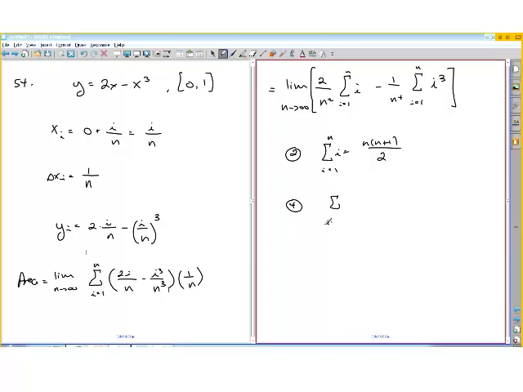And we have equation 4, which says the summation from I equals 1 to n of I cubed is equal to n squared times n plus 1 quantity squared over 4. So we can make these substitutions into there.